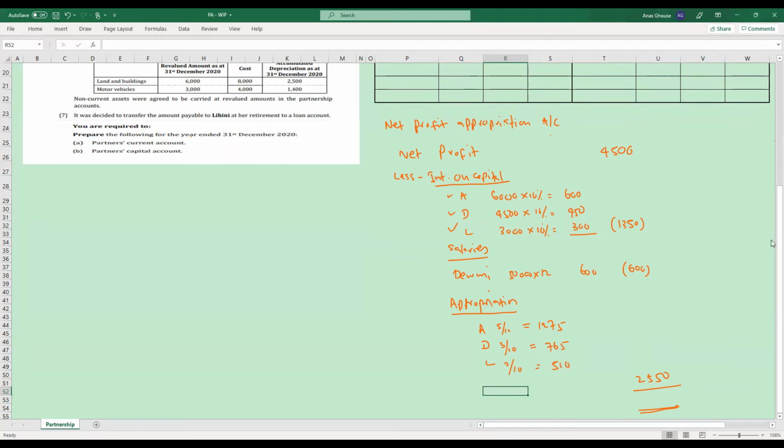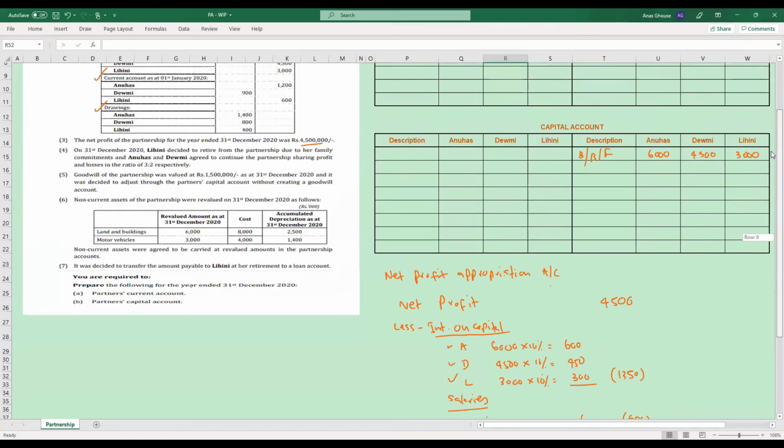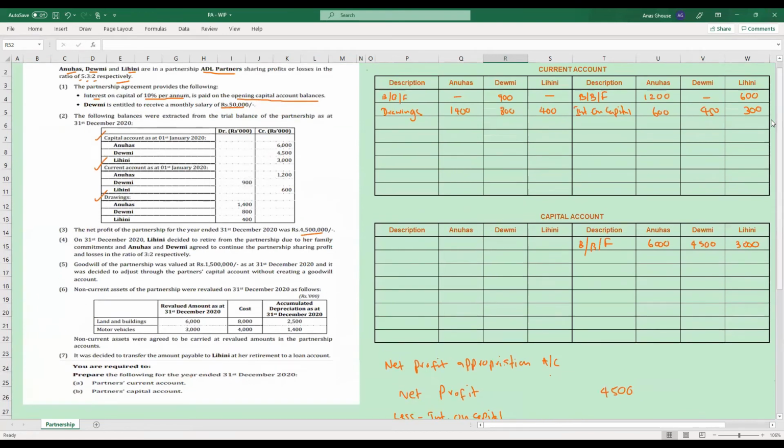So this profit has to be recorded in the current account, as share of profits. That will be 1,275,000, then we have 765, then we have 510. So these are the shares of profits.